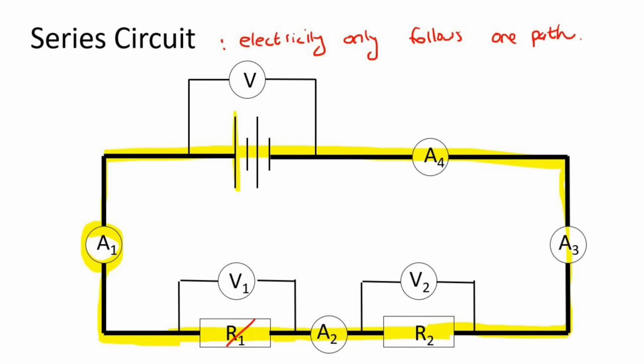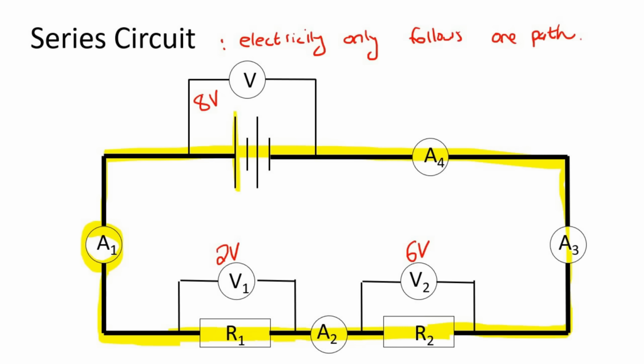So for example, if this voltage is 8 volts, then what maybe happens is that this voltmeter will be 2 volts, and then this one would have to be 6 volts. Can you see that? Because what happens is that the battery gives 8 volts, and then the charges use the 8 volts in the circuit. So maybe this was a light bulb, so it only uses 2 volts, and maybe this one is a fridge, so it uses more energy, so it uses 6 volts.